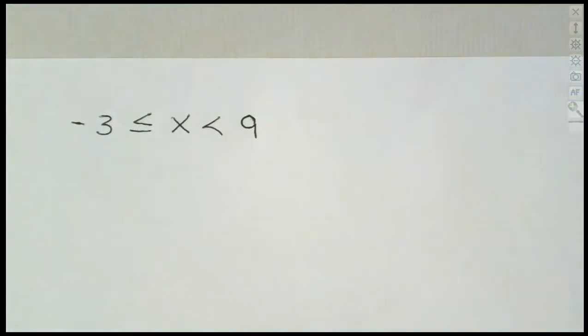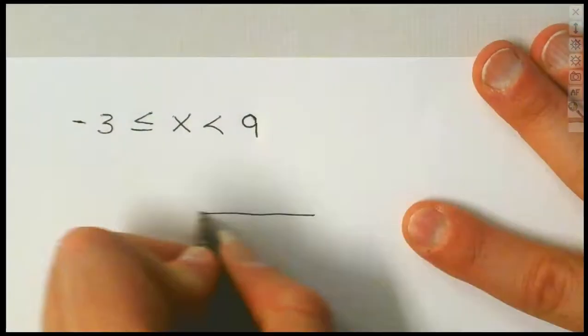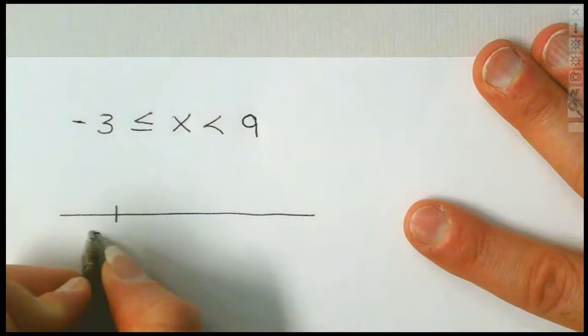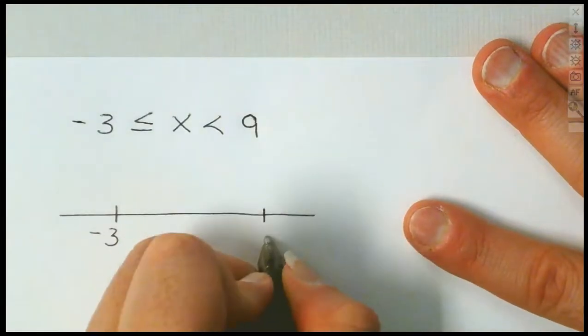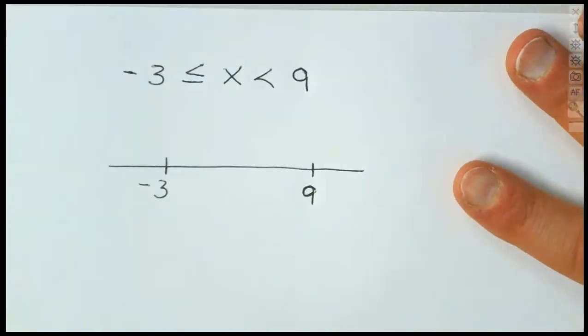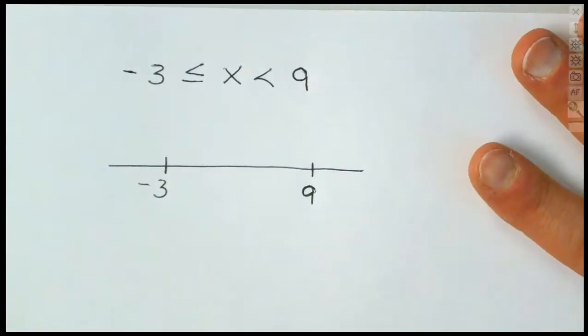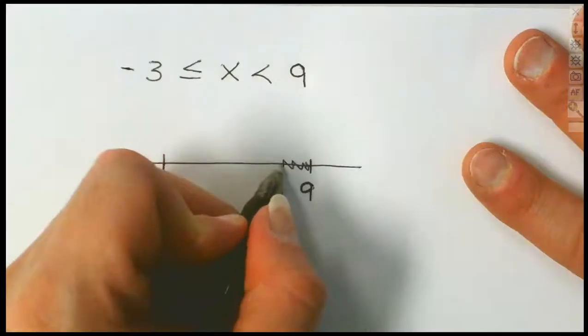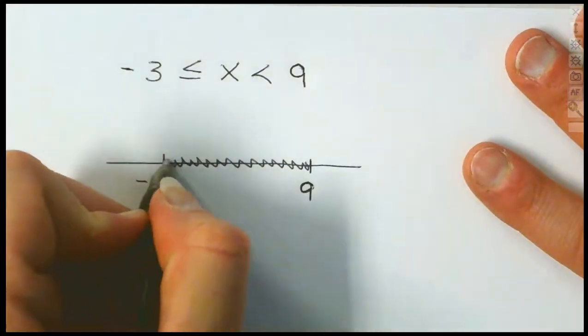Well, this one has 2 numbers, and it's already in the right order. So here we are with a -3 and a 9. We want it to be in between them. So we're going to be shading in here, inside. X is trapped between them.